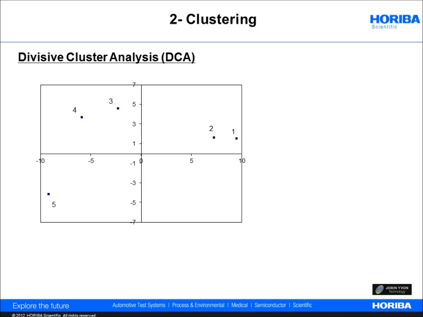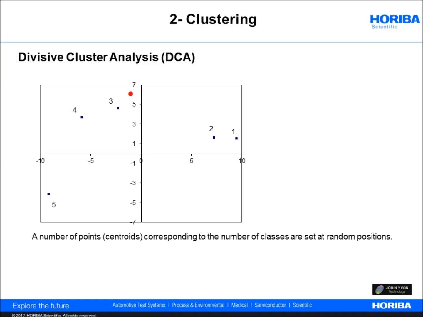In a similar way as HCA, the number of classes is input beforehand. Let's take 3 classes for example. 3 points are then placed at random positions in the 2D plot. They are shown here in red, blue, and green.